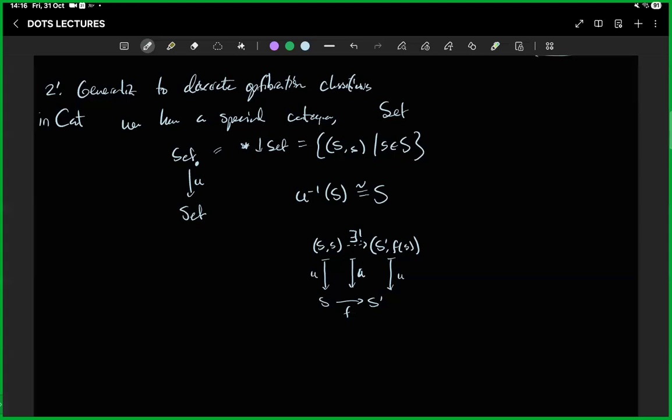And this property here becomes a definition. We can turn it into a definition.